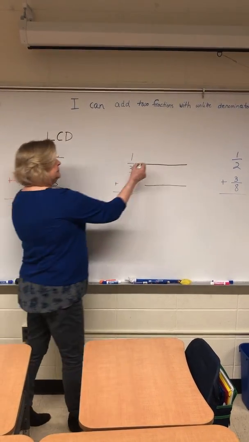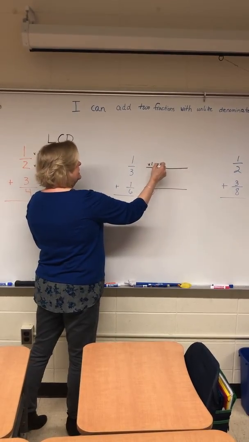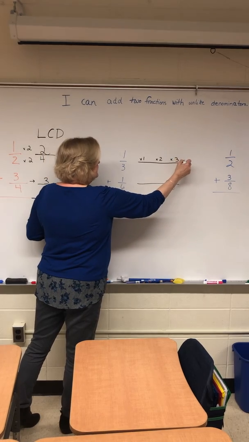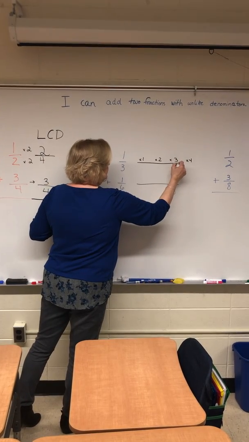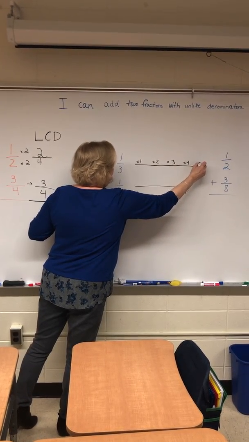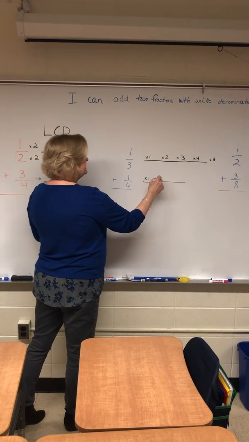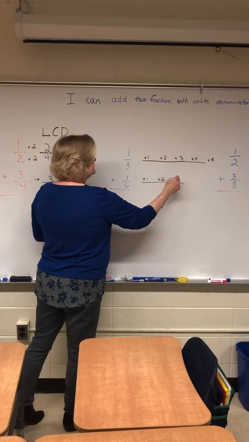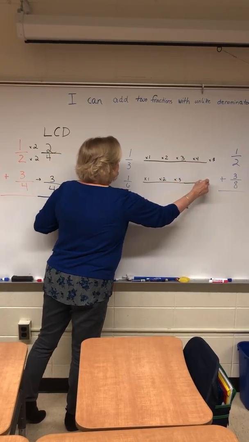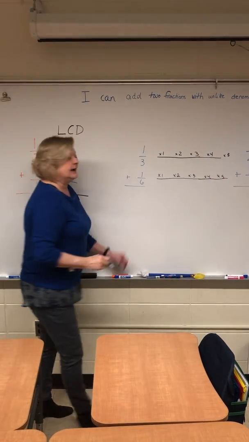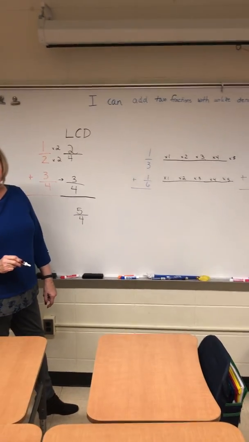Now remember, we do 3 times 1, 3 times 2, 3 times 3, 3 times 4, 3 times 5, 6 times 1, you can be starting, 6 times 2, 6 times 3, 6 times 4, and 6 times 5.